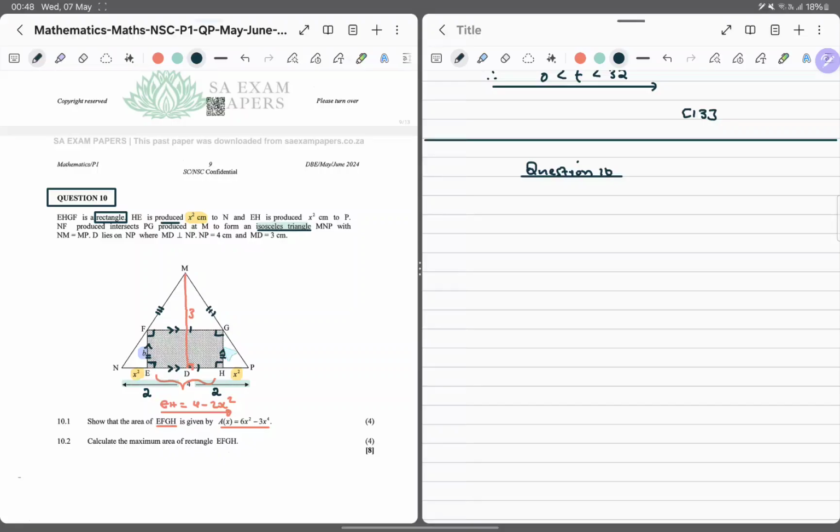And if that is B, this also means this side should also be B, which is GH or HG. Now, essentially, this whole thing is in terms of X only. So this means we need to represent B in terms of X. That's our task.